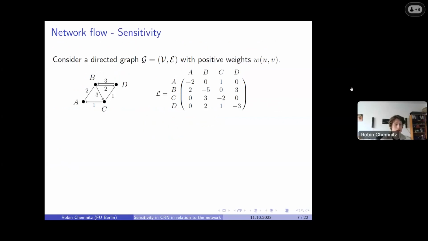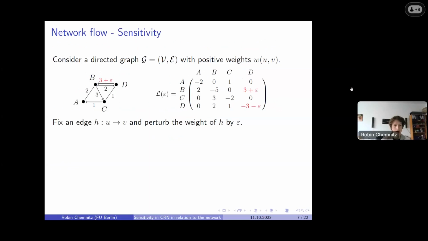And that is, we consider the same graph with the same matrix, but now we choose some edge and add a little epsilon to it. So in this case I fixed the edge from D to B, and I've added a little epsilon to the rate from D to B, which also means that the escape rate from D increases by an epsilon as well, or since it's minus, I have to take minus epsilon here.